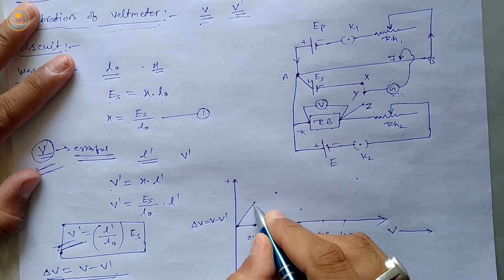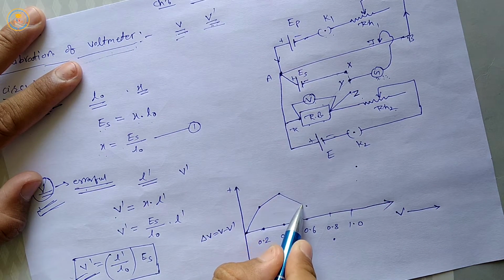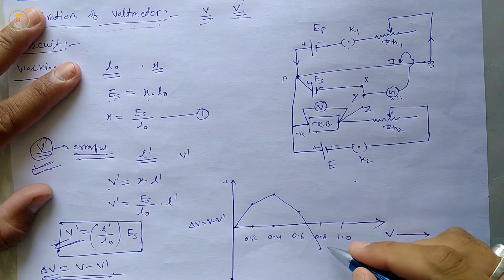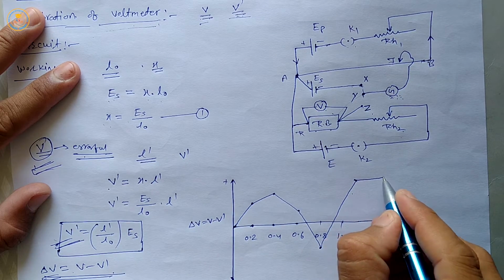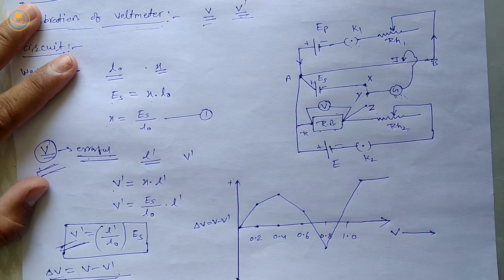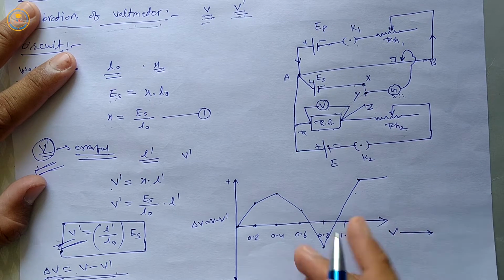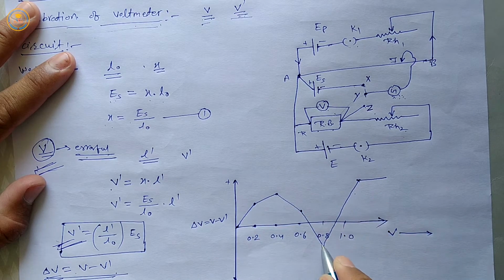Then joining these points, we get this type of graph, and this graph is known as the calibration graph. This is the calibration graph of a voltmeter.